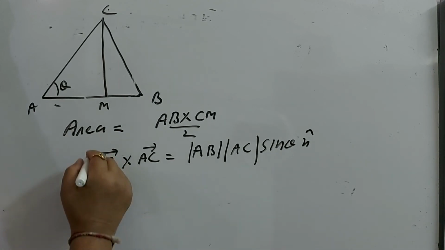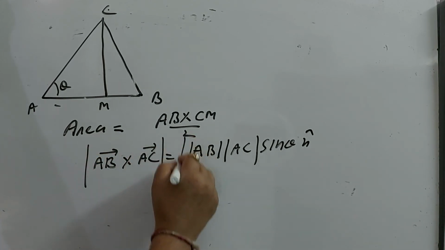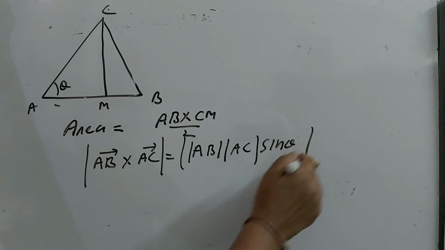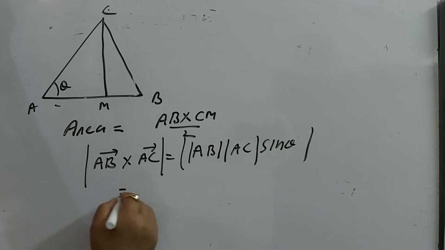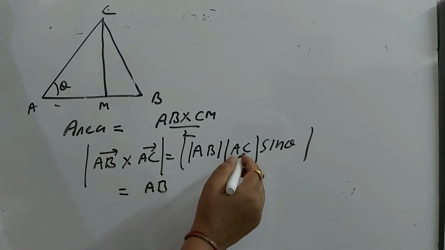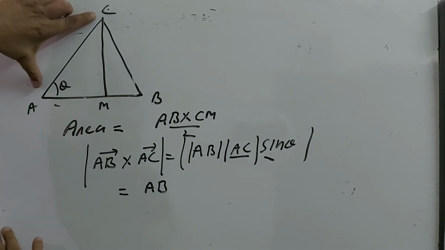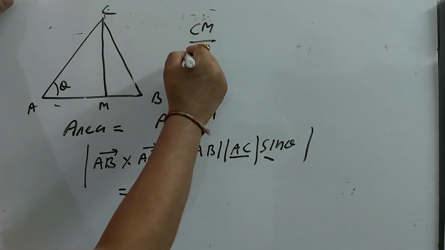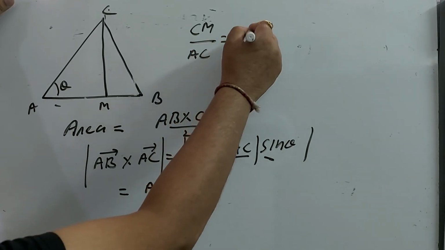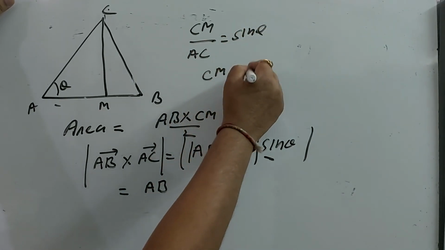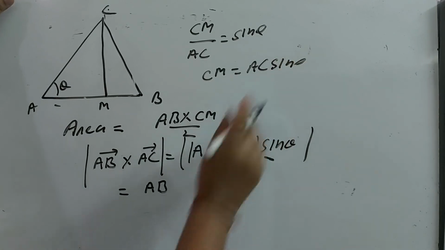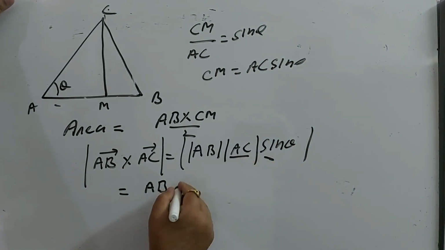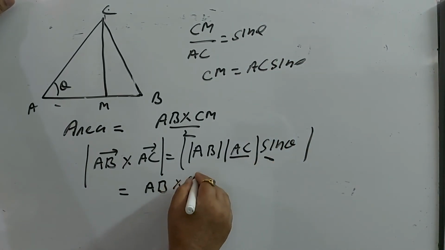And if we find the magnitude of this only, then this direction is not considered. Now this will be equal to AB AC sine theta, because Cn by AC is equal to sine theta, and Cn is equal to AC sine theta. It means for AC sine theta we can write Cn.